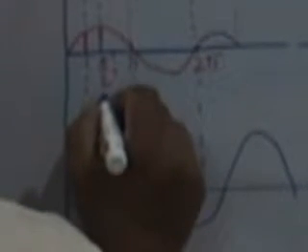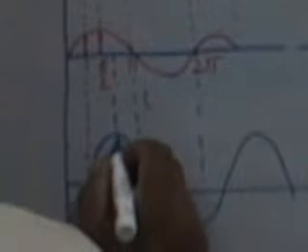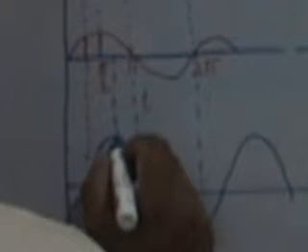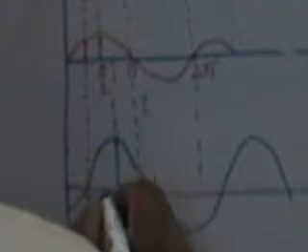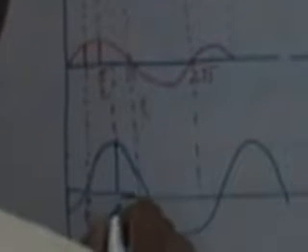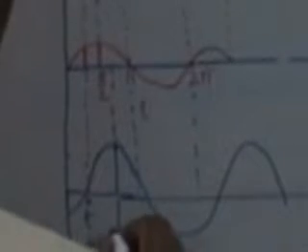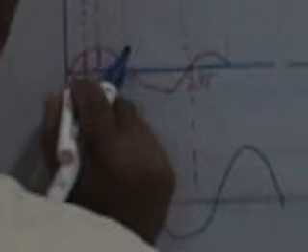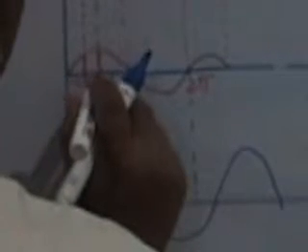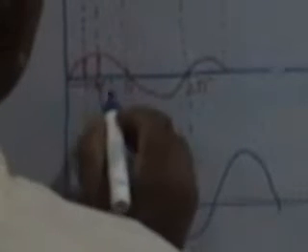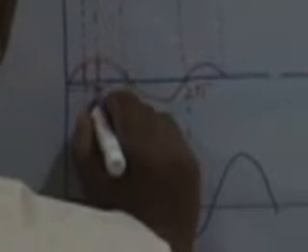This is the time here, and here time taken is this much, while the time taken here is only this much. So there is a difference in times. We plot it down.